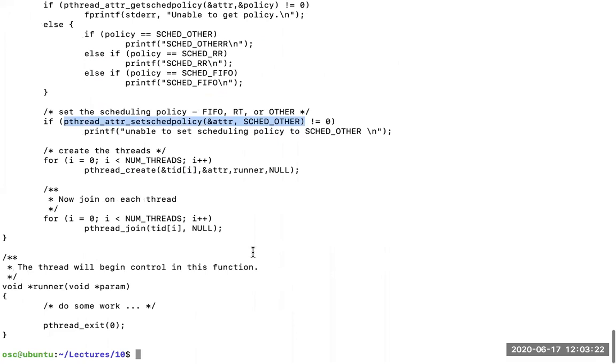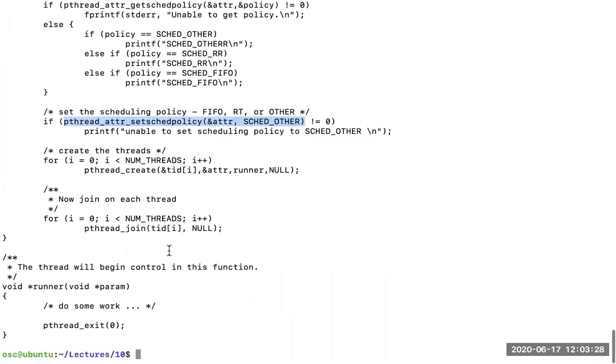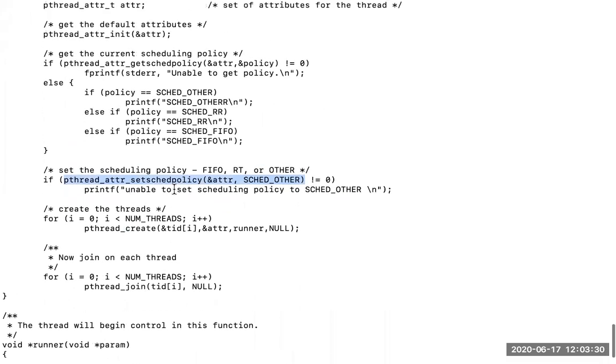Otherwise, if it is good, we need not change it. For each and every thread, we will see which scheduling policy is being used. These two functions help us get the current scheduling policy and set a different scheduling policy if we want.